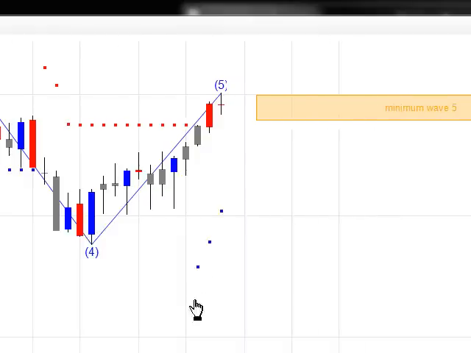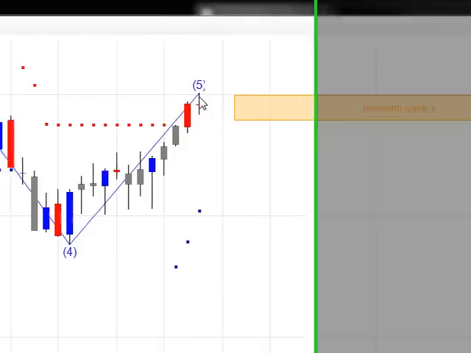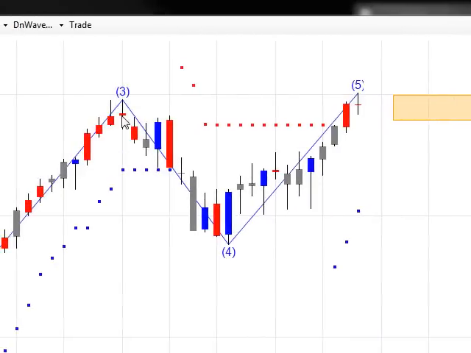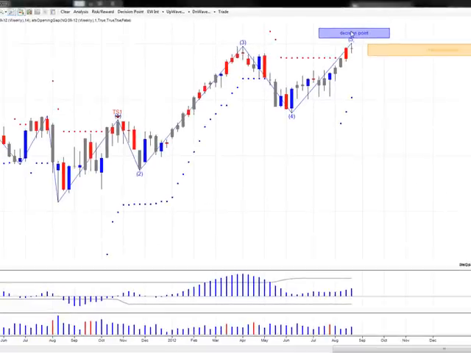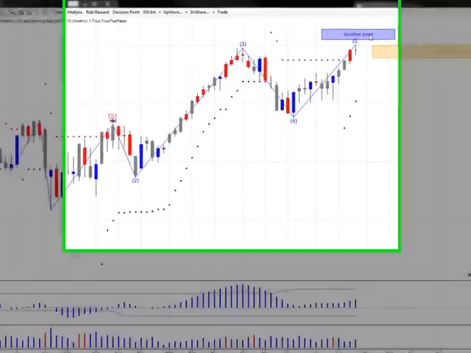All right, so all in that minimum wave 5 resistance. So it's just a time we have to take precautions. If you're going to trade option strategies against this, to bet that the market's going down, it's an area where you can look to buy puts or do some type of short call strategy and so forth.